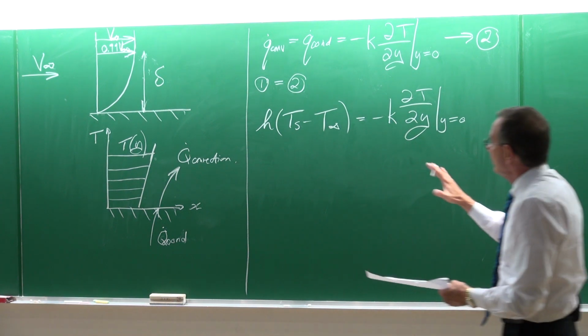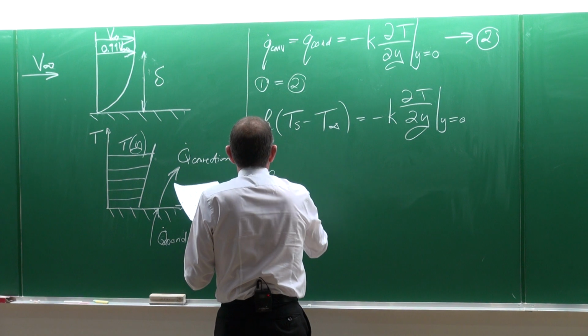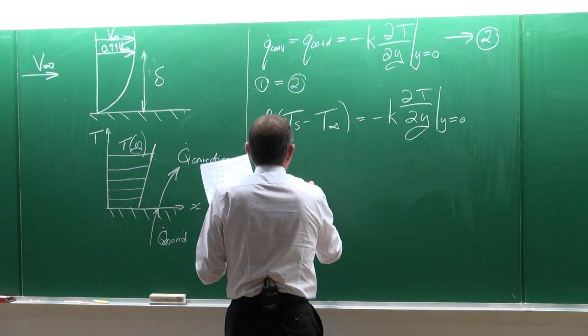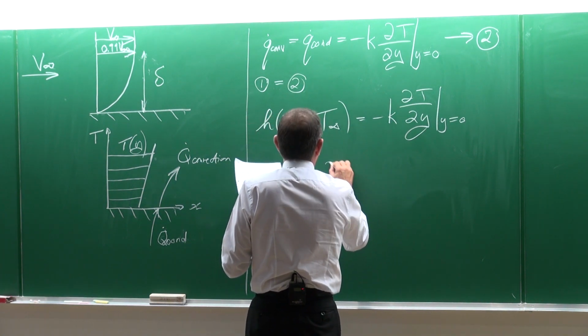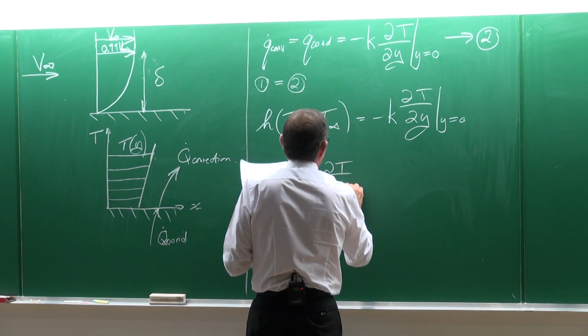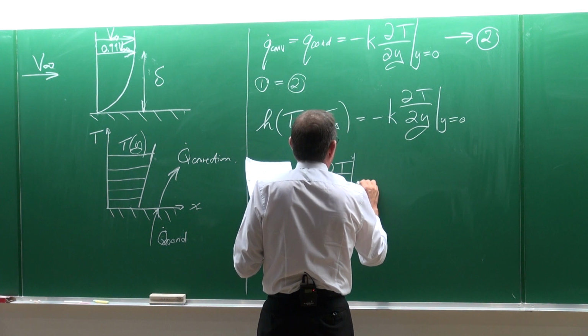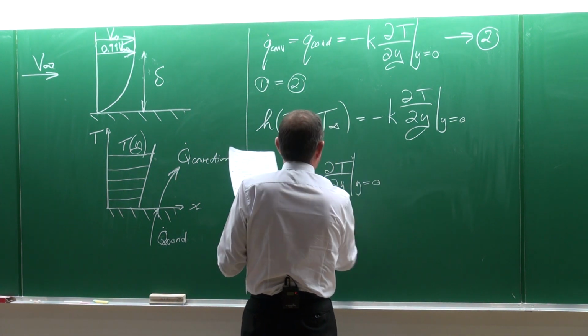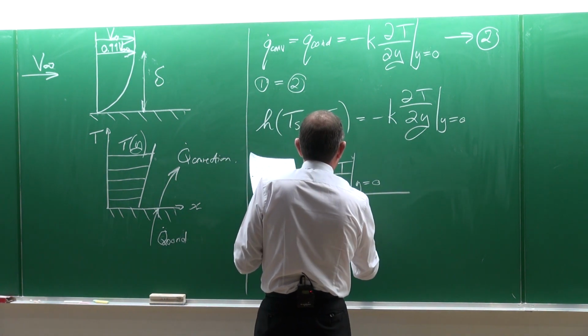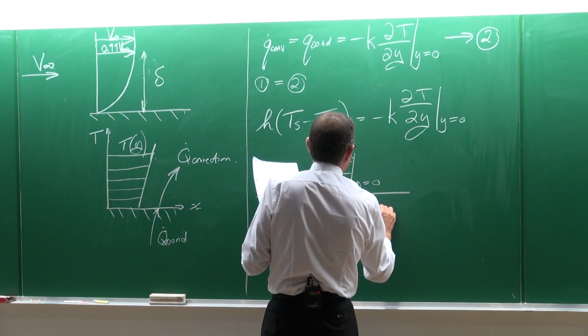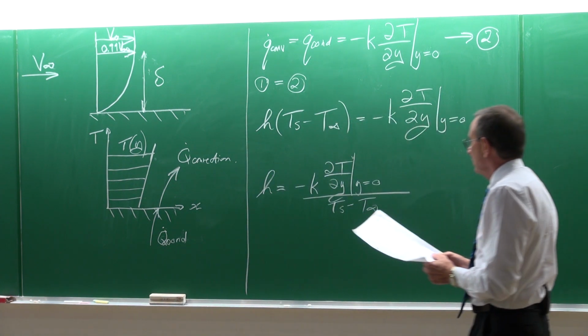And from this, we can solve the heat transfer coefficient as equal to minus K dT/dy at y equals 0, divided by the temperature of the surface minus the temperature of the environment.